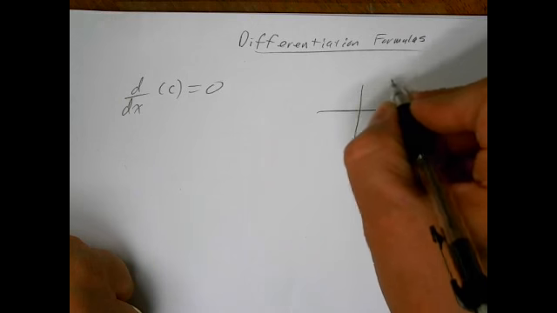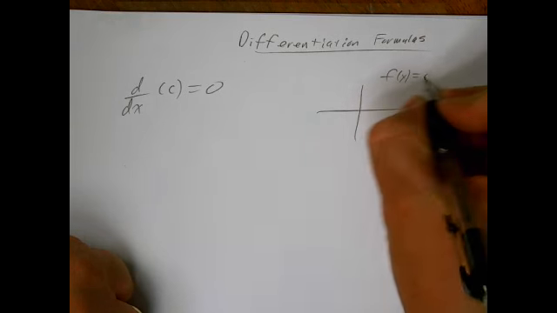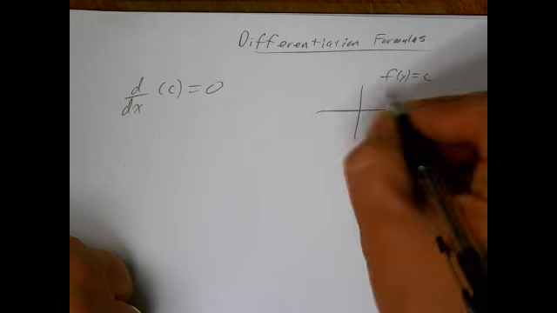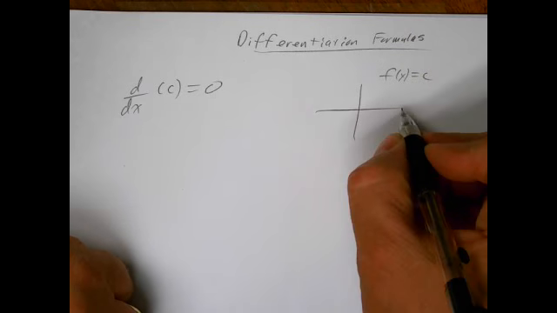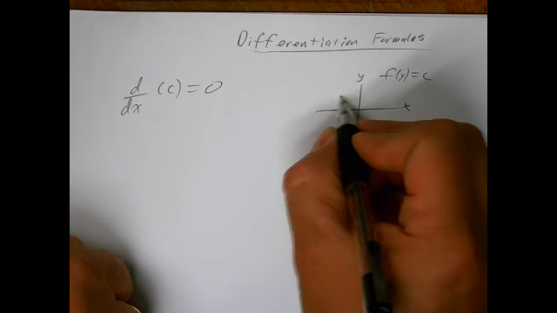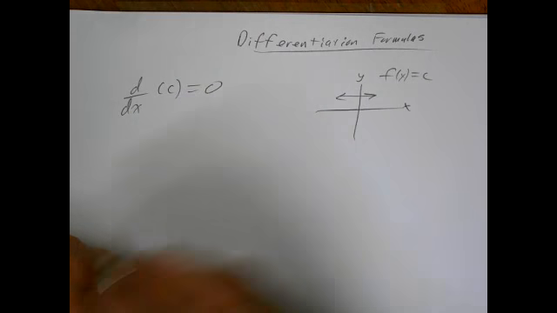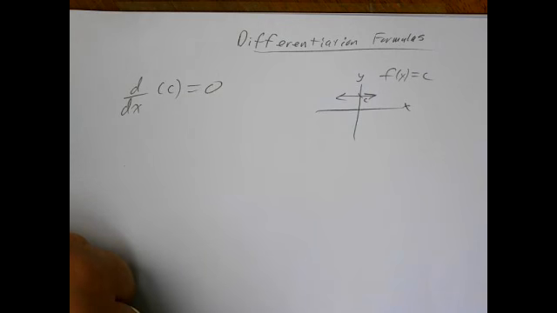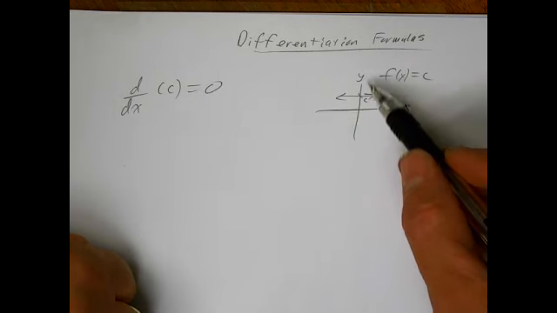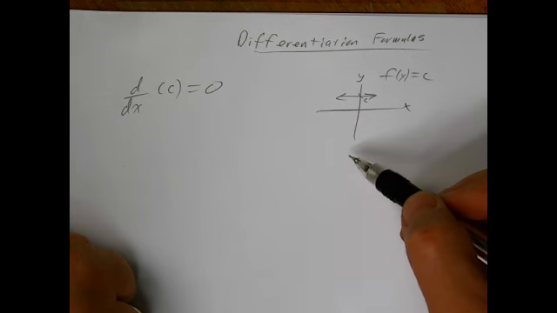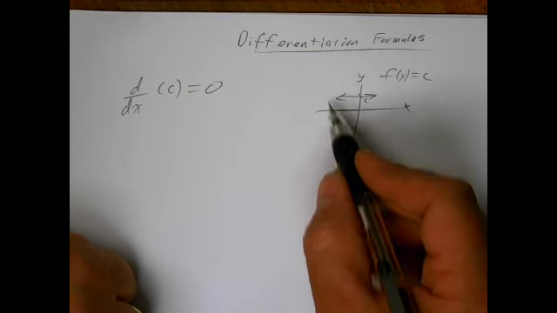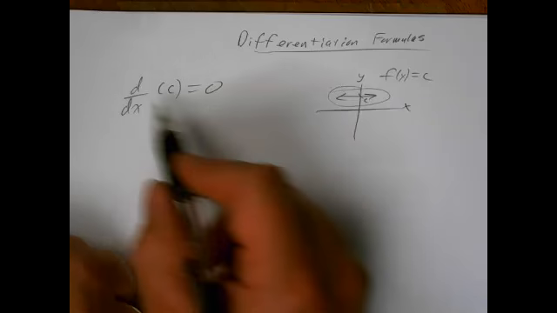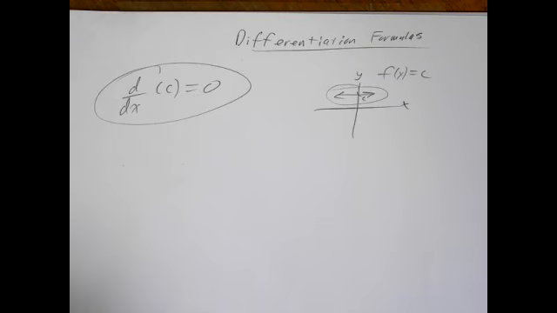If you were to graph f of x equal to a constant, or y equal to a constant as it's sometimes expressed, with this as your x-axis and this as your y-axis, what you always get is a horizontal line striking the y-axis at that value. Whether that line is on the positive side of the y-axis or the negative side won't make any difference. The slope of a horizontal line is always 0. So that reinforces what this is saying as far as this derivative is concerned.